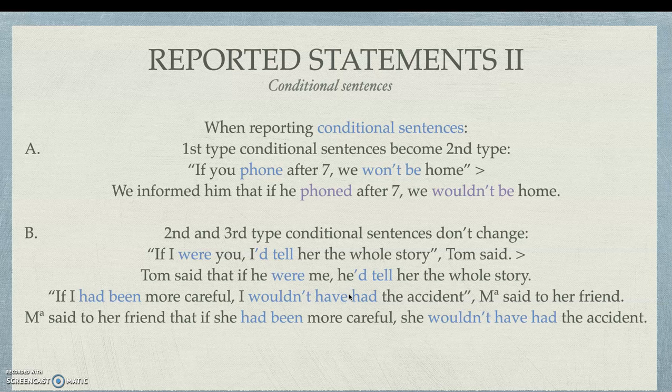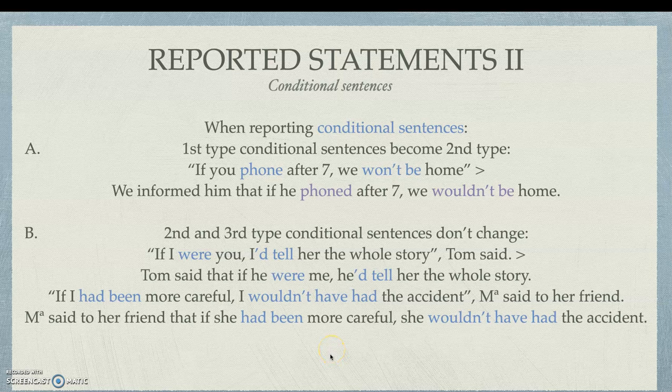This is a first type conditional sentence with a present simple in the if clause and a future with will in the main clause. We informed him that if he phoned after 7, we wouldn't be home. So this is a second conditional sentence. The present simple becomes past simple, and will not becomes would not.